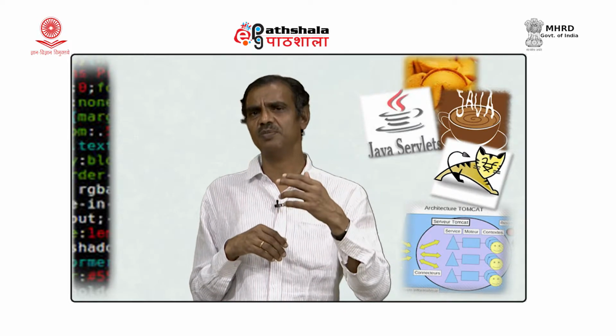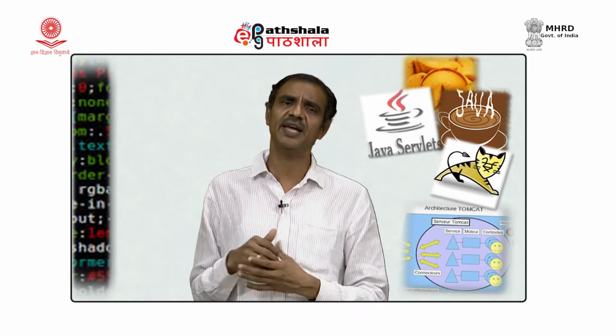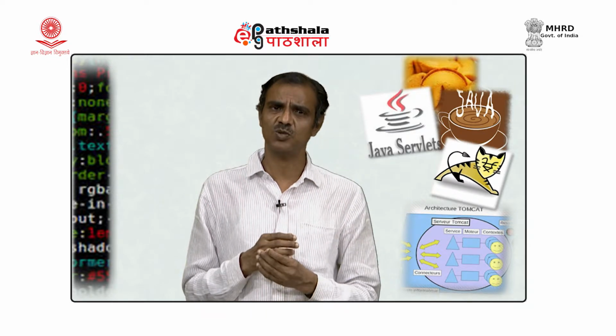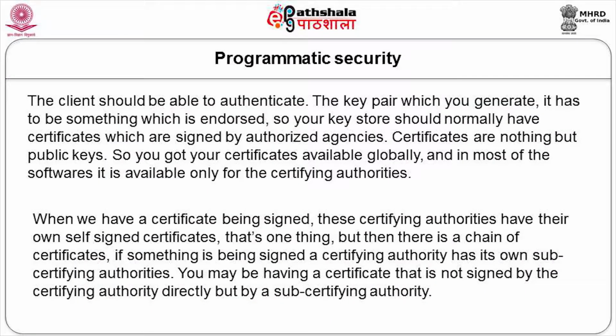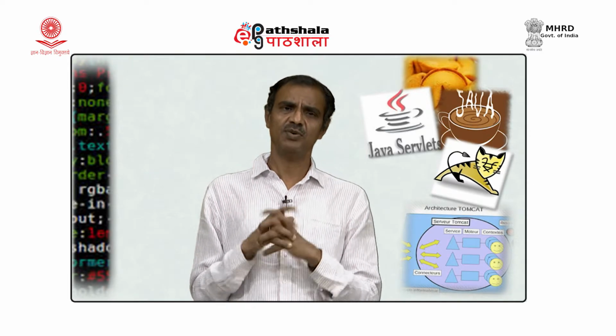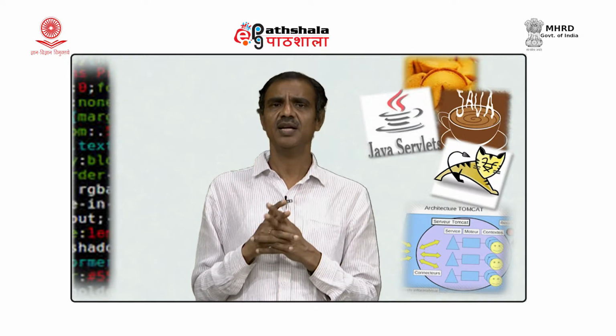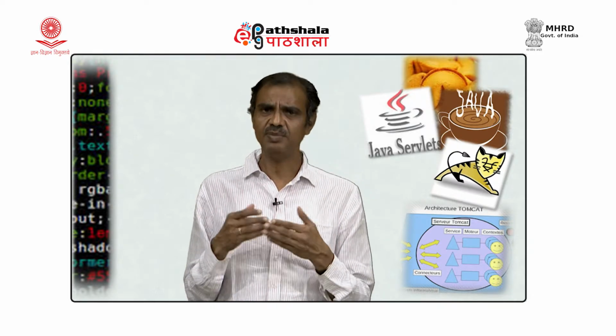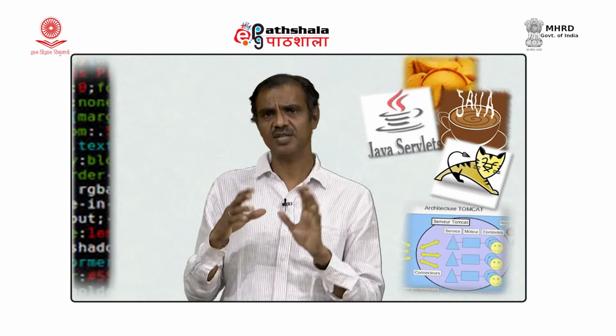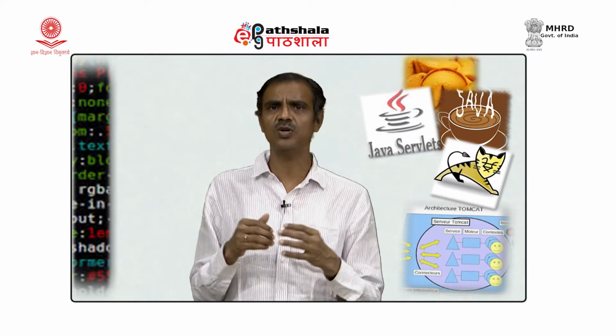The server should be able to specify to use a particular alias from that particular key store, fine. And we have the clients, who should be able to authenticate. Now, see, the key pair which you generate has to be something which is endorsed, fine, the certificate which you use in your key store.